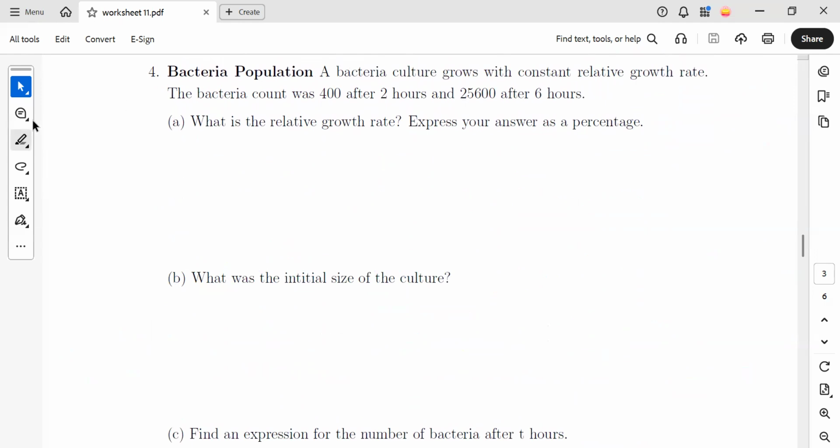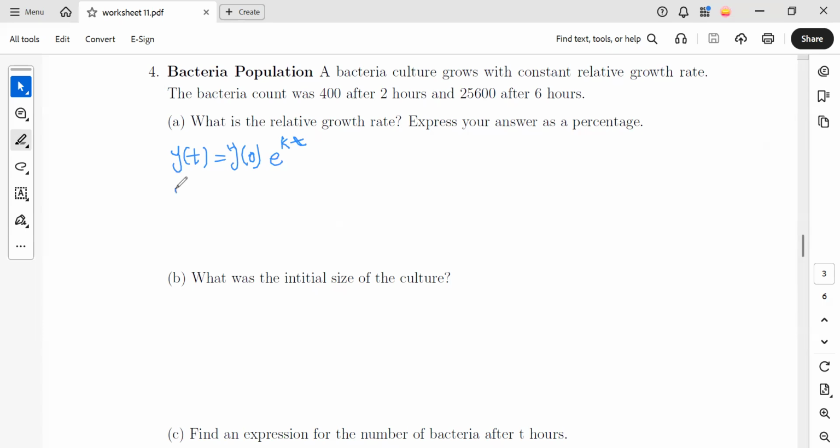For number 4, we would have y of t equals y of 0 times e to the kt, as we had before.